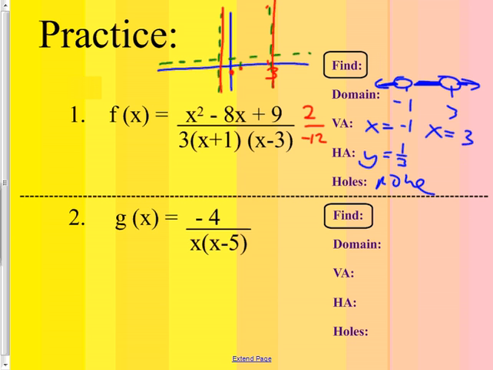So I'm going to test at 2.9, and I'm going to see what happens. 2.9 squared is about 3 squared, right? So 3 squared is about 9. Minus, what's negative 8 times 2.9? Notice me saying it's about 3, okay? We're going to have to adjust for that later, but 8 times about 3 is about negative 24.